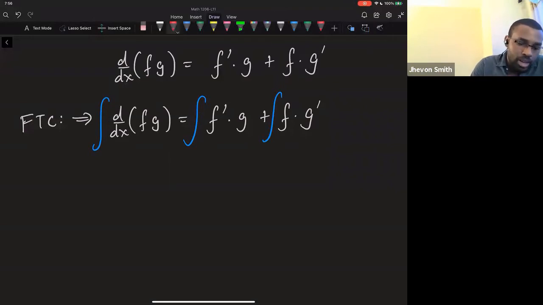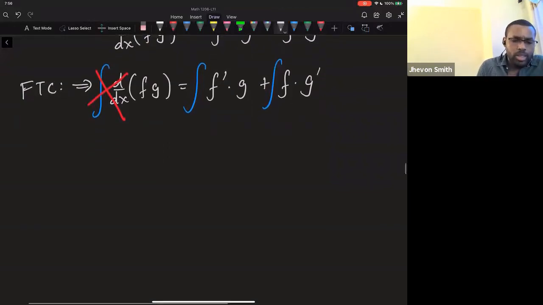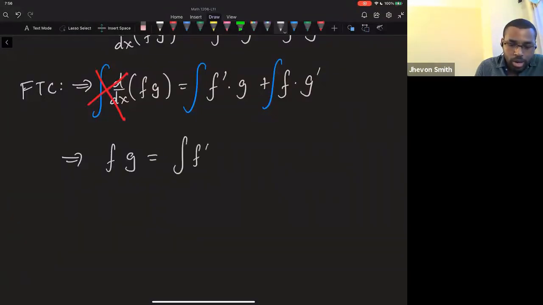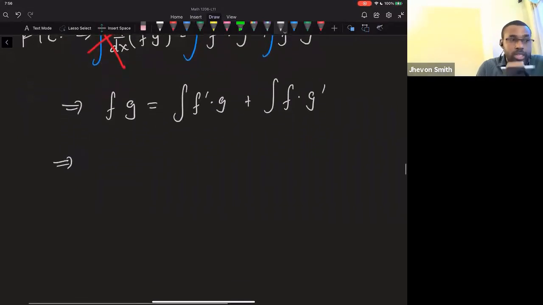Now the fundamental theorem of calculus is going to tell me that the integral and the derivative are going to essentially cancel out. And so this is going to give us that f times g is going to be the integral of f prime times g plus the integral of f times g prime. And I'm going to choose one of these arbitrarily to solve for. So let's say I solve for f times g prime.